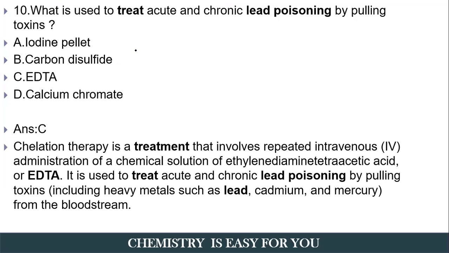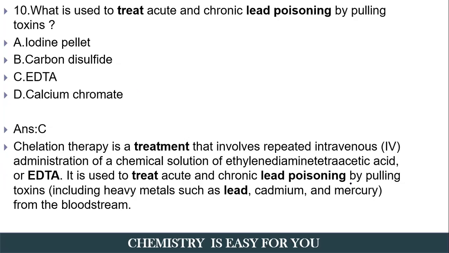This is used to remove many heavy metals like lead, cadmium, and mercury from the bloodstream. So acute and chronic lead poisoning can be treated by pulling toxins using EDTA.